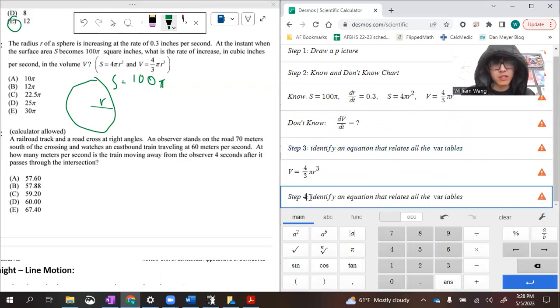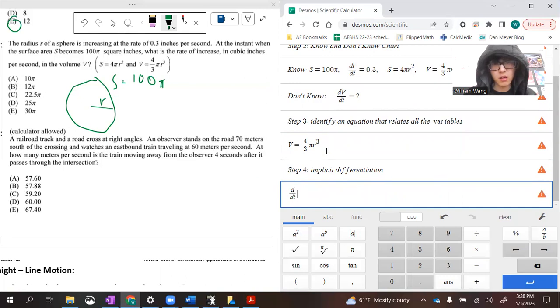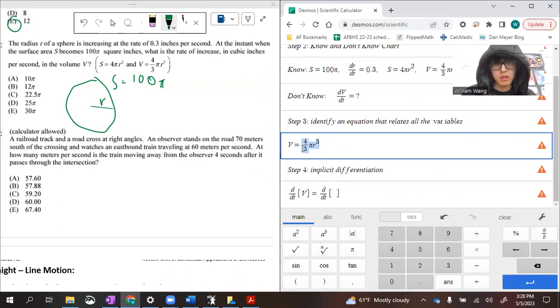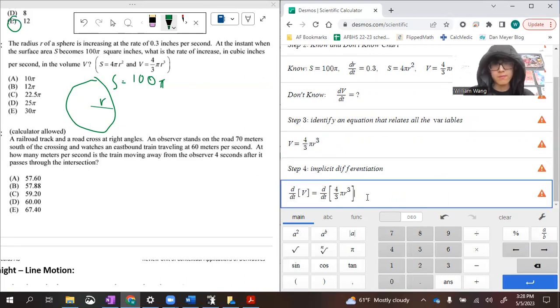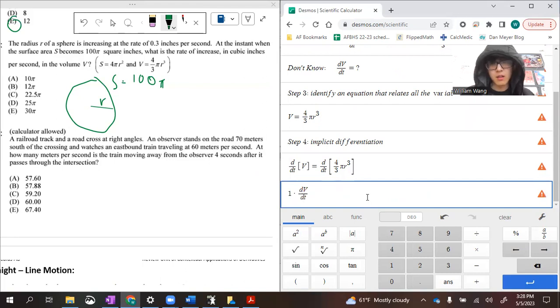Step 4 is going to be implicit differentiation, because these are all related to time. So I'm going to take d over dt of both sides: d over dt of V equals d over dt of 4/3 pi r cubed. Derivative of volume is 1, but then I need to multiply by dV over dt. Cool.